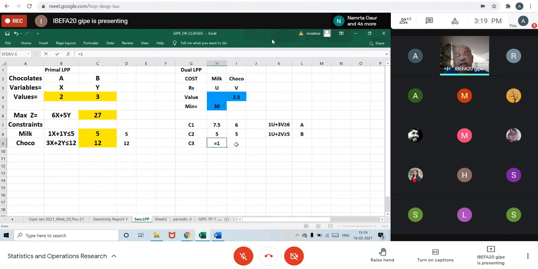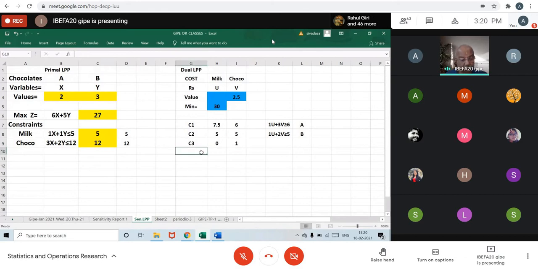C3 is 1 into U plus 0 into V. This is the U constraint, greater than or equal to, say, 1. Okay? Say 1, minimum.